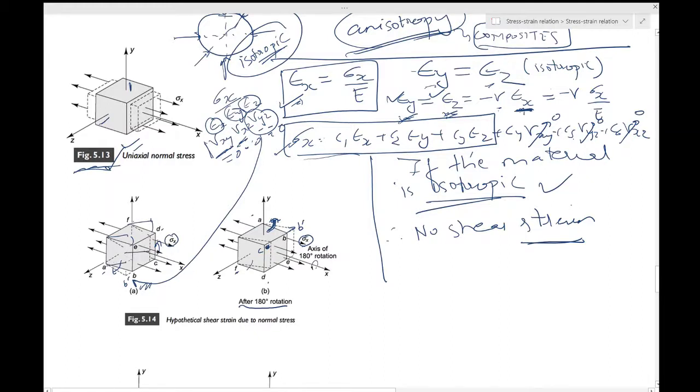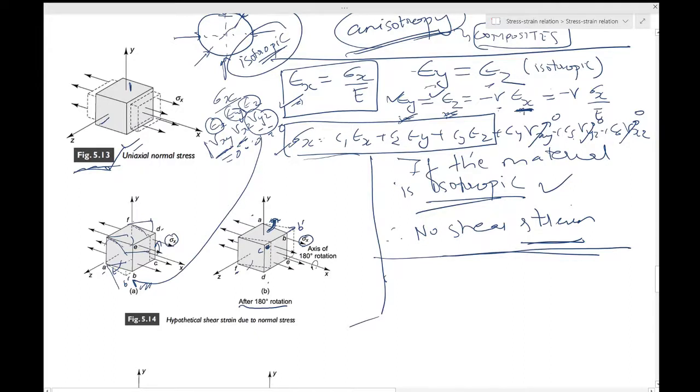And then using the same arguments you would rotate it by 180 degrees, and it will come down like this, and the sense cannot be opposite for an isotropic solid for the same applied load or stress. You would have to suffice with saying that the shear strains are 0. So that's one correction I should have made. So please go through this once carefully to understand it.